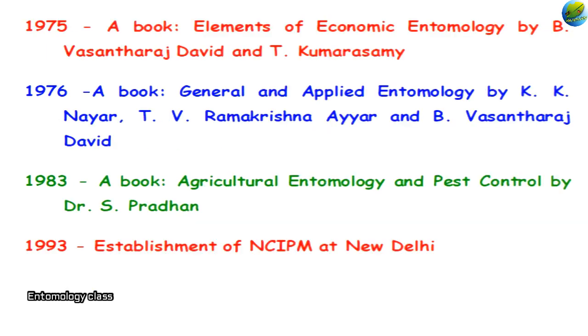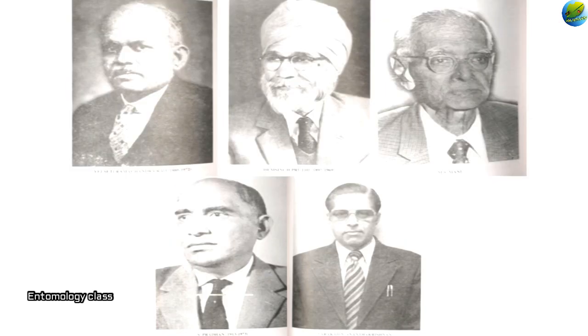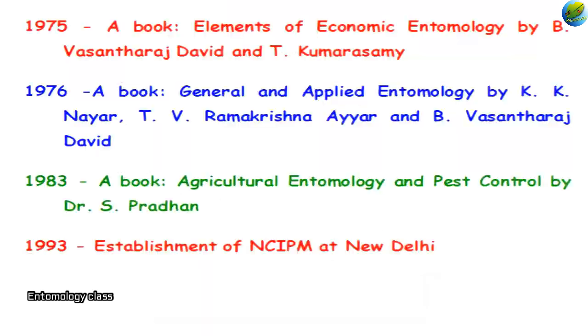By 1975, a book on Elements of Economic Entomology, in short called the Triple E, was written by B. Vasantharaj David and T. Kumaraswamy. This is one of the most important books in Indian entomology. In 1976, General and Applied Entomology was written by K.K. Nair, T.V. Ramakrishna Iyer and B. Vasantharaj David.